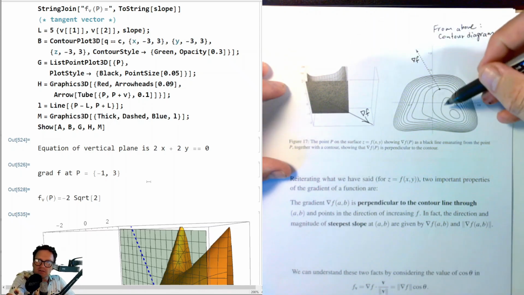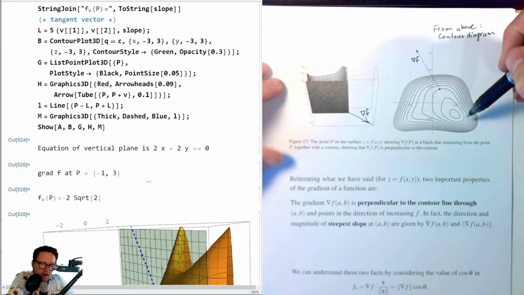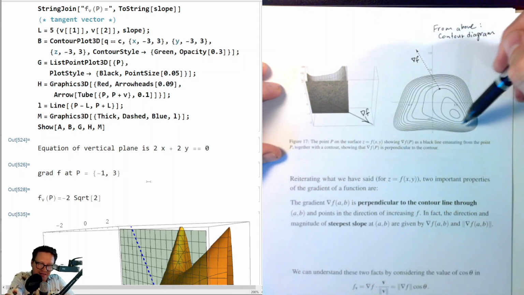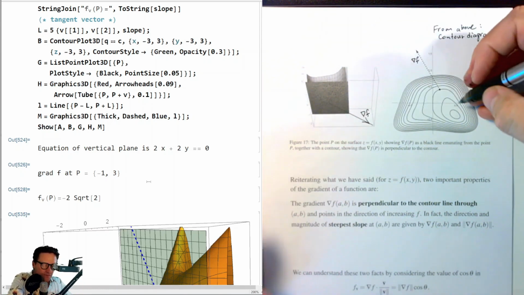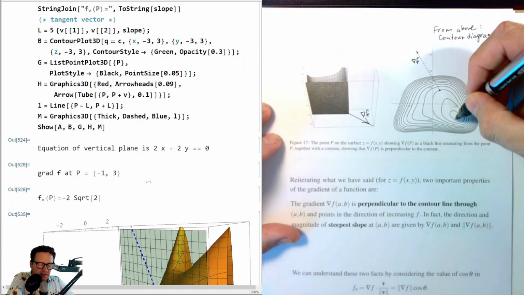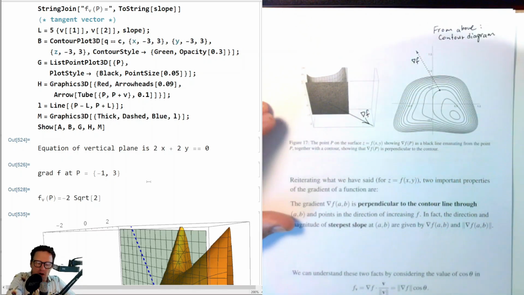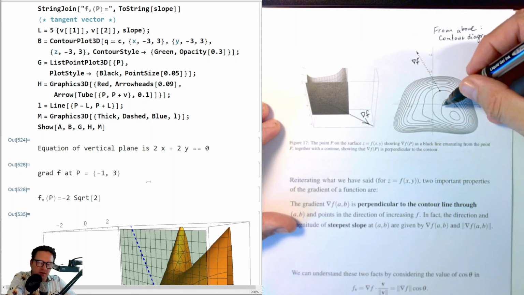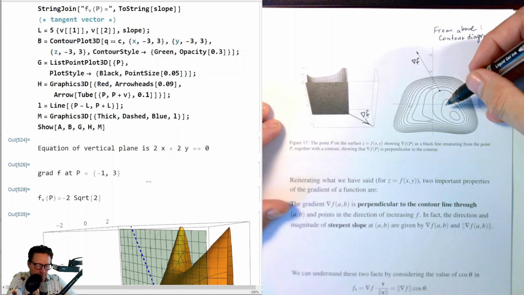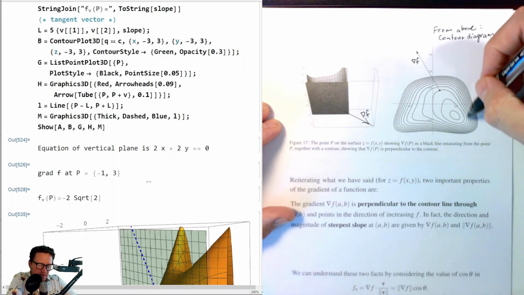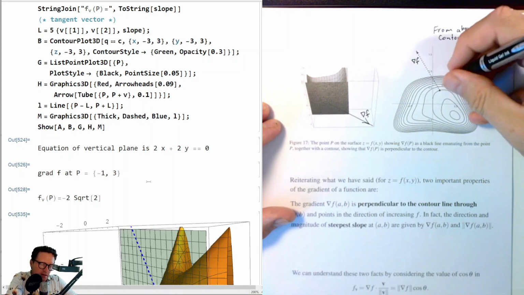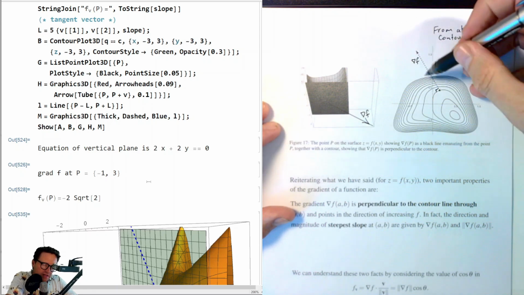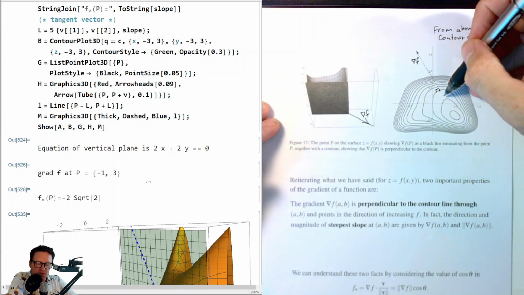Okay, so all of these little loops that you see are positions on this surface where you have equal elevation. So for example, if you walked around the surface in this pattern looking from above or from below, along this curve you would not be increasing or decreasing in elevation. Likewise here, you would not be decreasing or increasing in elevation, but perpendicular to that, you would be increasing or decreasing in elevation most rapidly.